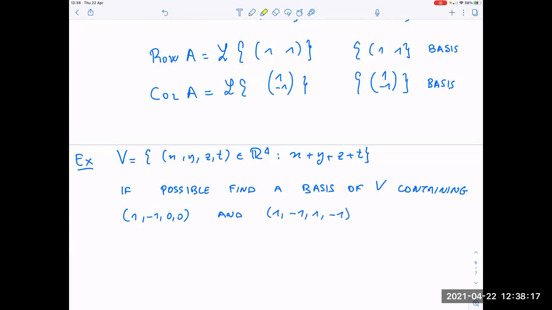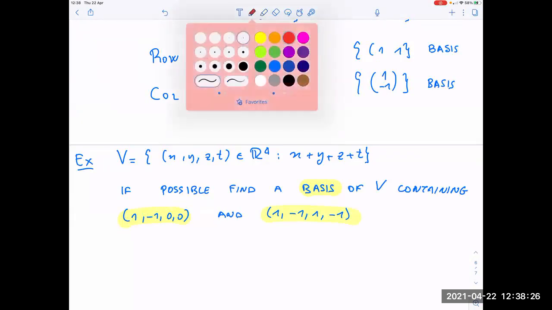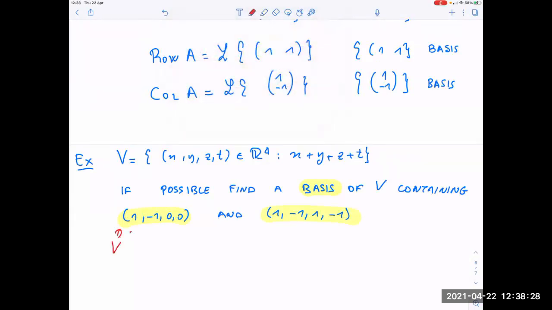So now you see, you don't only need to find a basis, but you want to find a basis containing these two vectors. First, you have to check that these two actually belong to V, because if they don't belong to V, then the answer will be that it is not possible. But in this case, they do belong to V, and here there is an equal sign missing, sorry. So in principle, it is possible.